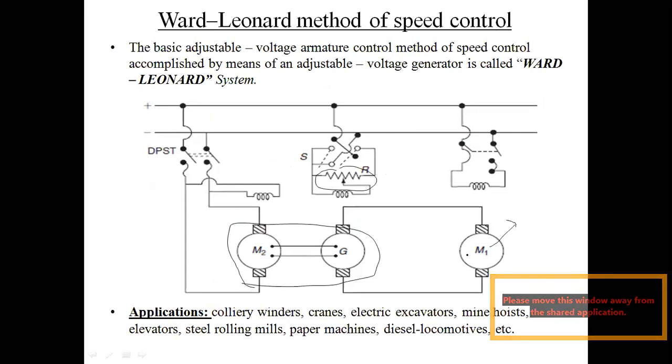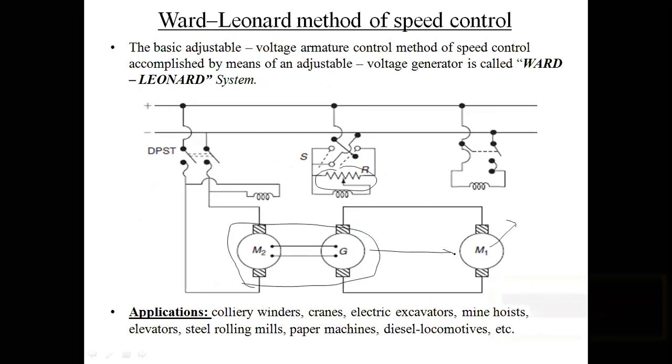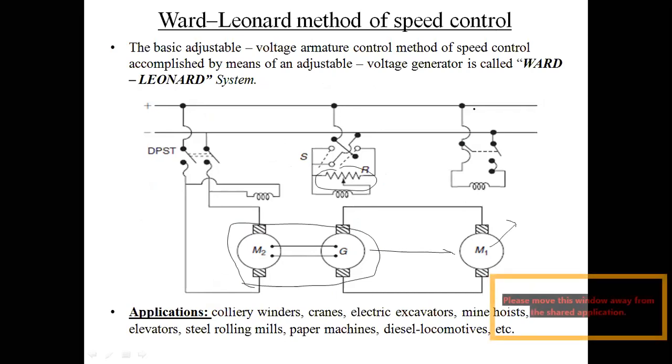A variable supply from this generator is going to be applied to the armature of this motor, whereas the field is connected to the DC supply, which is a permanent one. We are not going to change any field winding connections from the mains supply.